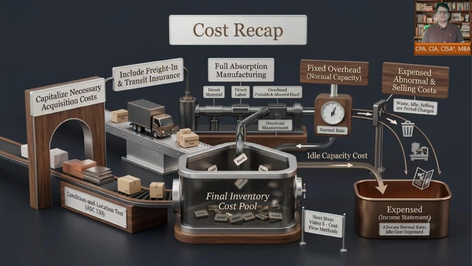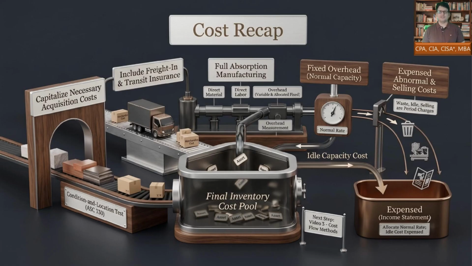Let us finish with 5 rules before we move to cost flow methods. First, capitalize necessary acquisition and production costs using the condition and location test. Second, merchandise inventory includes freight in and transit insurance when they are needed to bring goods to the selling location.